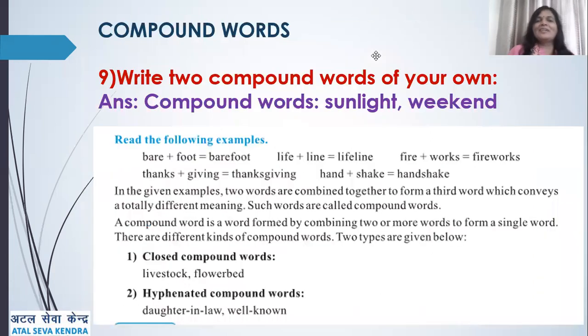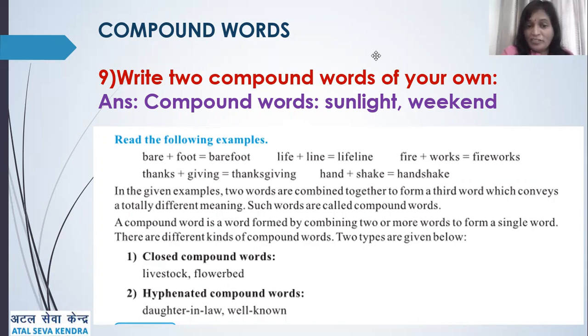Now let us see some vocabulary based questions. Write two compound words of your own. Compound words: sunlight, weekend. What do you find in these words given above? Two words are combined together to form a third word which conveys a totally different meaning. Such words are called compound words.